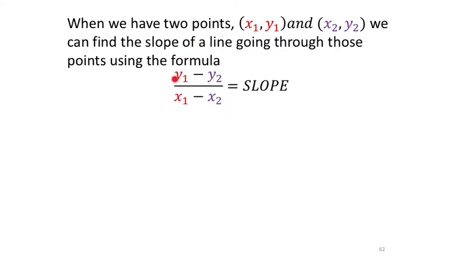But remember, the rise is on the top. It's the numerator. So whatever your y values are go in the numerator. And then your x values, that's the run, because, well, left and right. Yeah, sorry. But the x values, that's the horizontal number line, so that's why it's in the denominator, because that's our run.